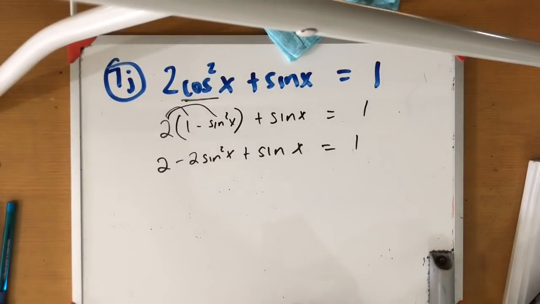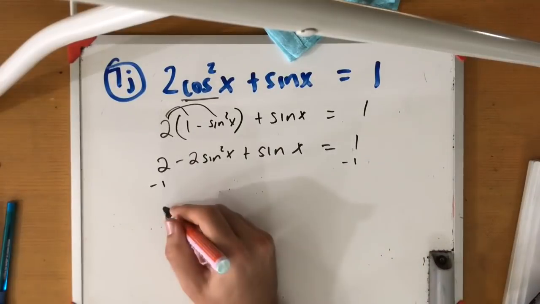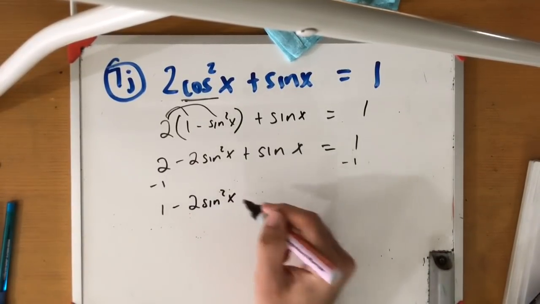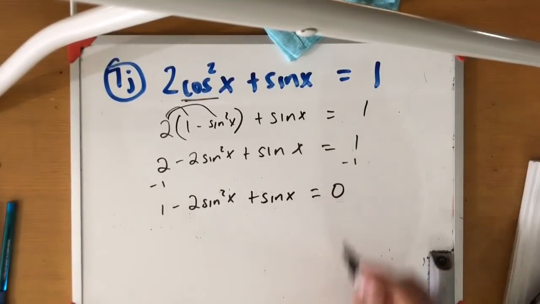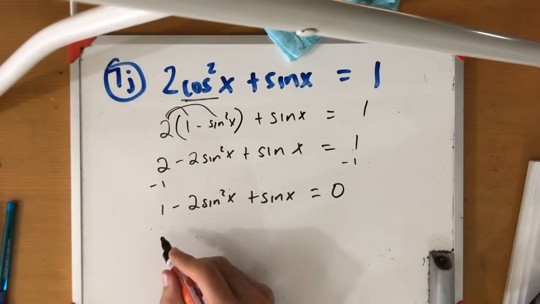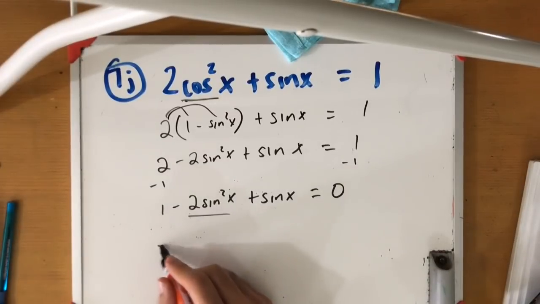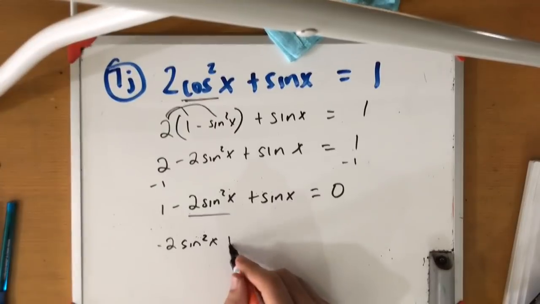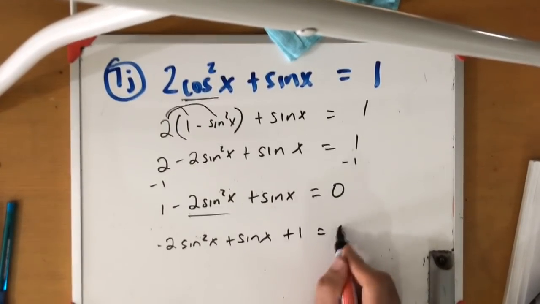Let's move everything to one side. Minus 1, minus 1. That turns out to be 1 minus 2 sine squared x plus sine x equal to 0. Let's clean this up a bit. Let's put the term with the highest degree first: minus 2 sine squared x plus sine x plus 1 is equal to 0.